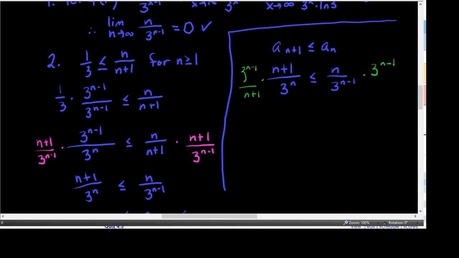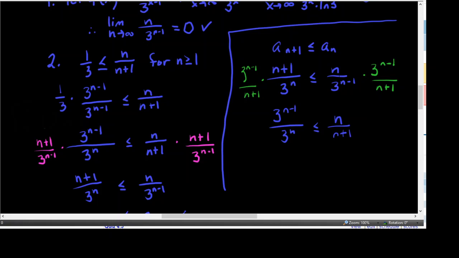Oops. Okay, and the n plus 1s will cancel, leaving 3 to the n minus 1 divided by 3 to the nth. Oh, and by the way, we can do that without changing the direction because 3 to the n minus 1 and n plus 1 are both always positive. And here on the right side, the 3 to the n minus 1s cancel, leaving n over n plus 1.